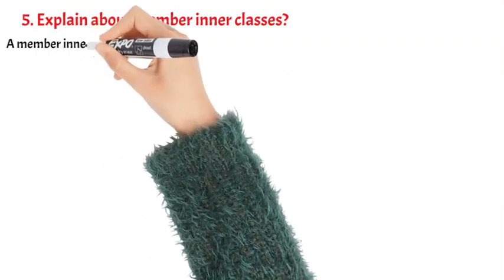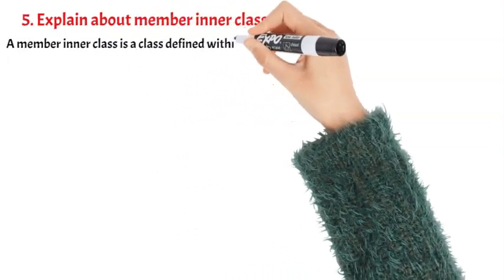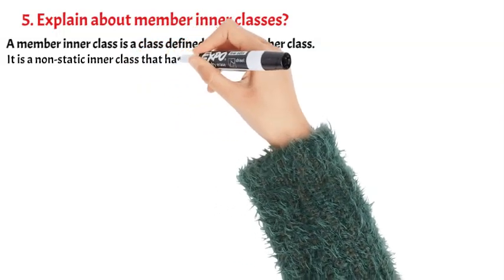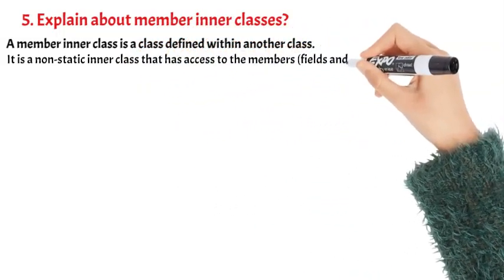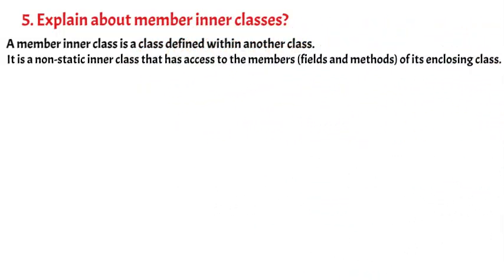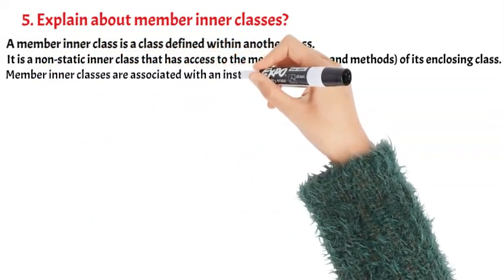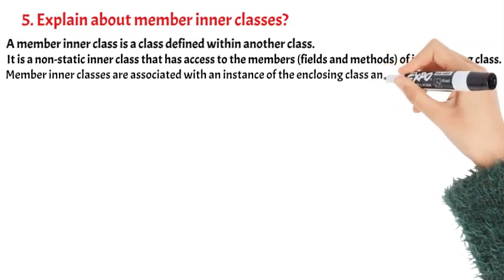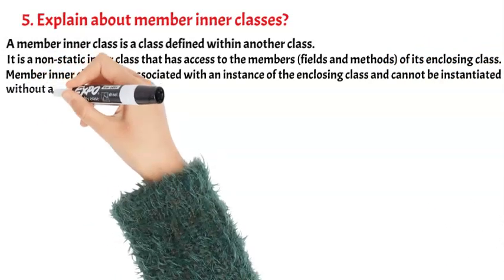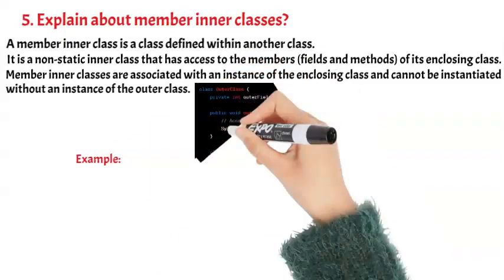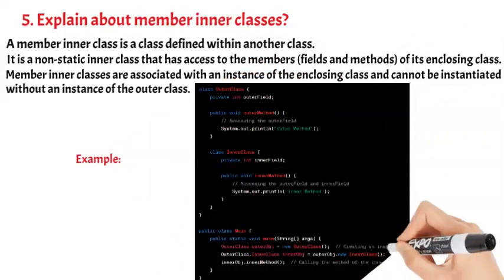A member inner class is a class defined within another class. It is a non-static inner class that has access to the members, fields and methods, of its enclosing class. Member inner classes are associated with an instance of the enclosing class and cannot be instantiated without an instance of the outer class. Example to illustrate member inner classes.